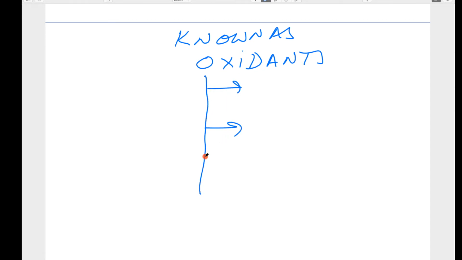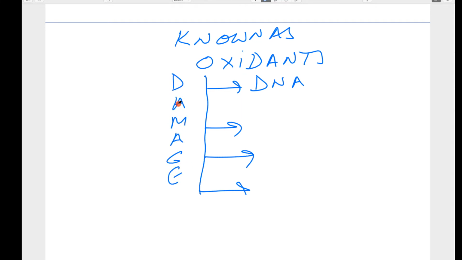Whom do they damage? They damage the DNA. They can also cause damage to the proteins.